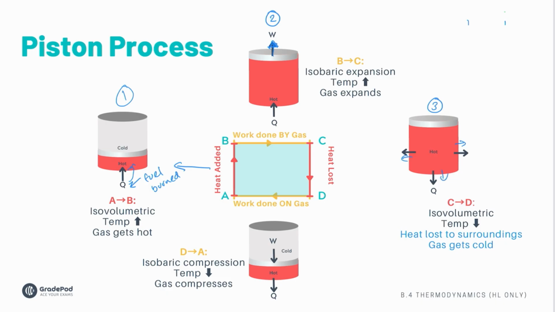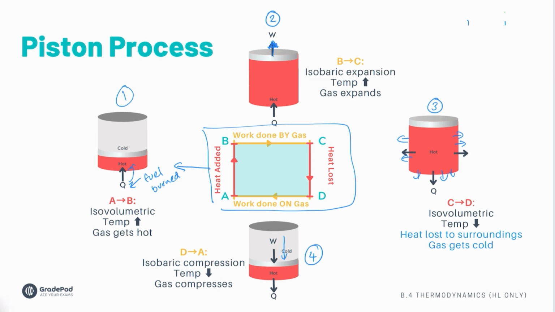This surface area allows more heat to be lost to the surroundings. That loss of energy means that it gets colder and it starts to compress, which brings us to step 4. And we get the piston moving down, which means work is being done on the gas. This is our PV diagram, and this is how it relates to real life in the piston.